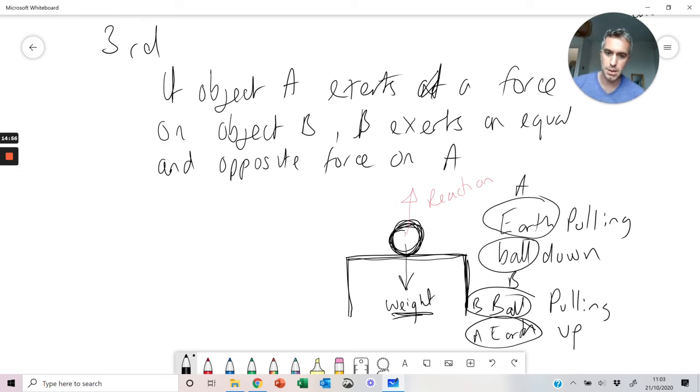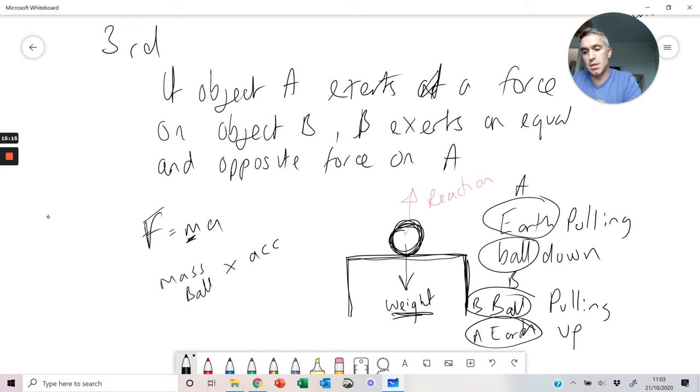But if we remember F equals ma, this thing is the mass. So if they pull with an equal and opposite force, so this force is the same, then we have the mass of the ball times acceleration equals the force, and then we have mass of the Earth times acceleration equals the same force.